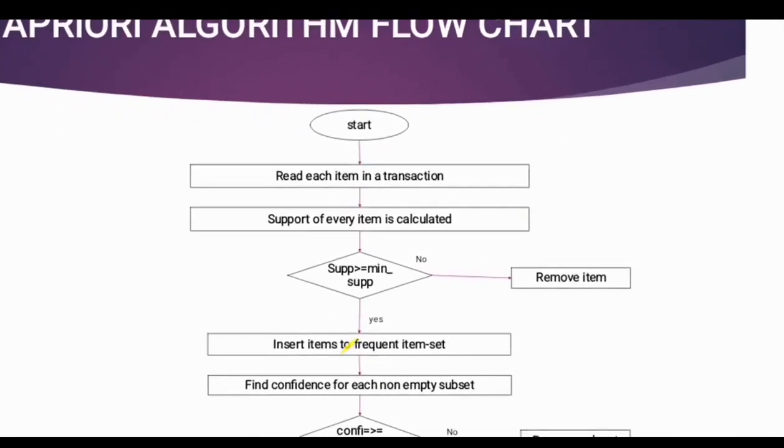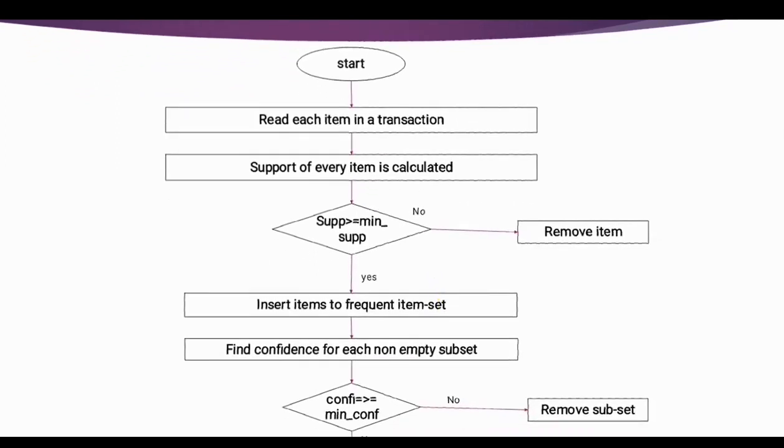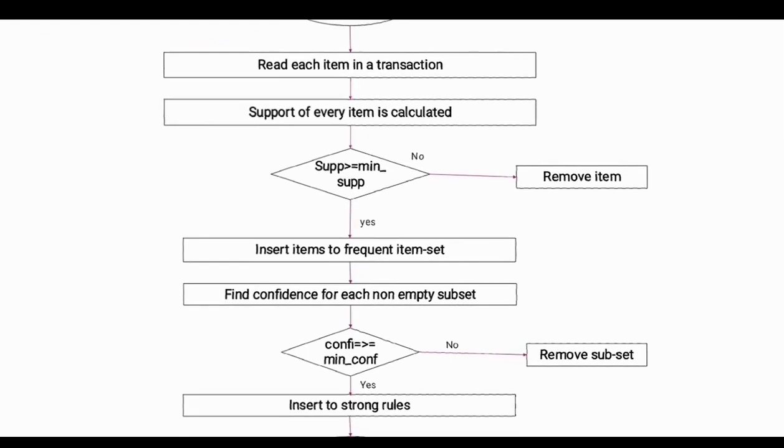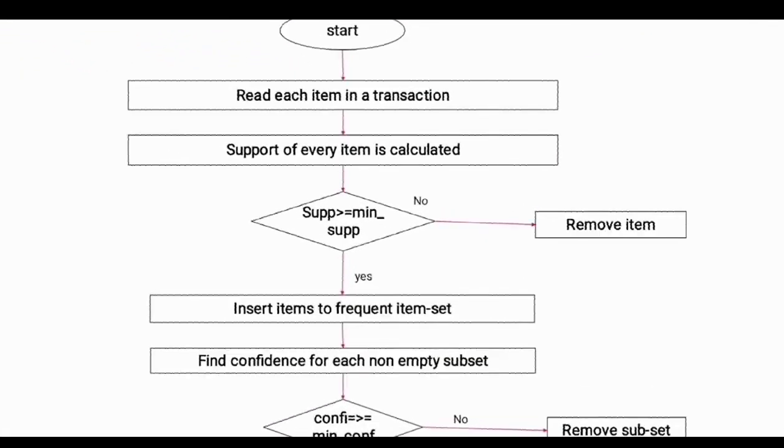Here, first we have to create the transaction table and calculate it with some item sets, and we give the minimum support count. If the item set is greater than the minimum support, then we continue the process.